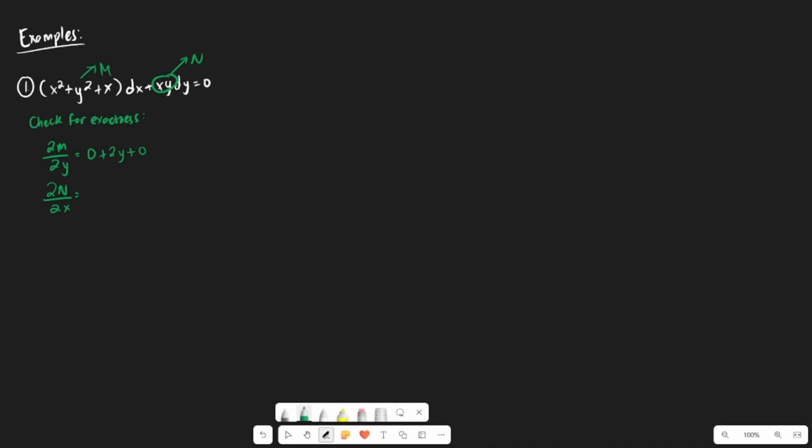Take out the constant, which is y in this case, then get the derivative of x. So that is 1. Therefore, the partial of M with respect to y is 2y, and the partial of N with respect to x is y. Therefore, the DE is not exact.